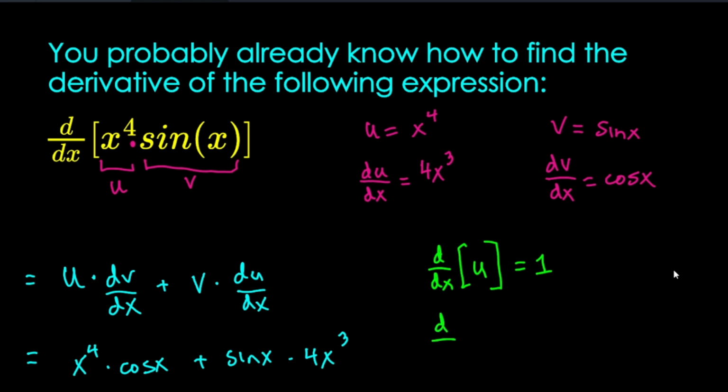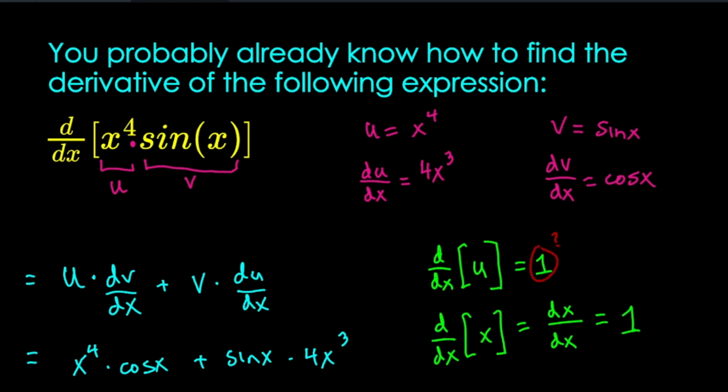Because we've seen many times that the derivative of x with respect to x is 1. But be careful, because this equals 1 only because the change in x divided by the change in x is the same quantity on the top and bottom. So this actually equals 1.